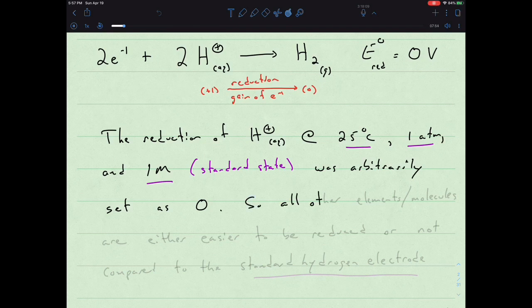So all other elements and molecules are just either easier to be reduced or not, compared to the standard hydrogen electrode.